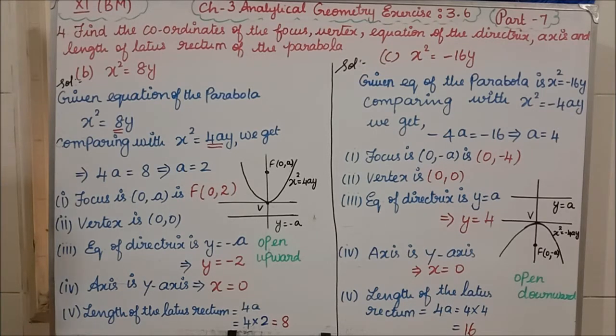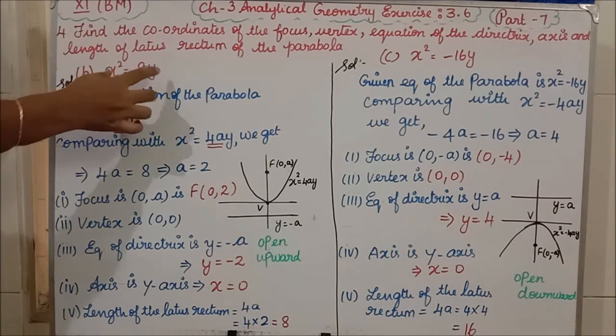Here it is given directly and they ask for the coordinates of the focus, vertex, equation of the directrix, axis and length of the latus rectum. It is very simple when compared to the third problem.